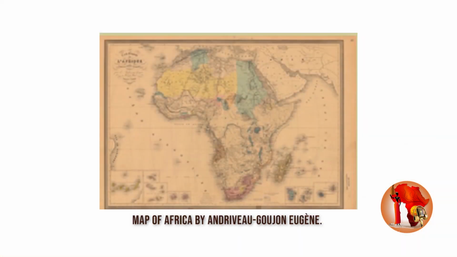Now, when we look at this map by Andriveau-Goujon, you find a great shaded line across the north central part of the continent, which is simply demarcating Arab countries from what we're calling Pays des Nègres, which is a French phrase meaning the region of the Negroes.